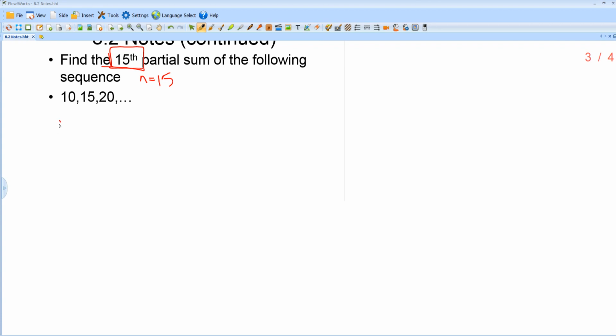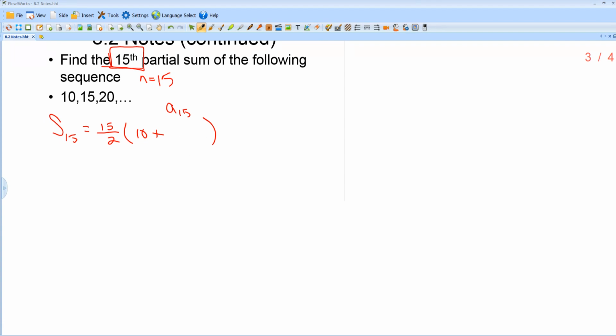So I'll have s sub 15 is equal to 15 over 2 times the first term, which is 10. This last term is the thing I need. That last term is the 15th term in the sequence that goes here.